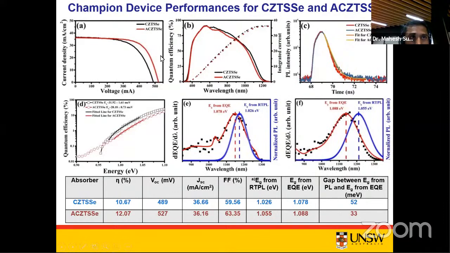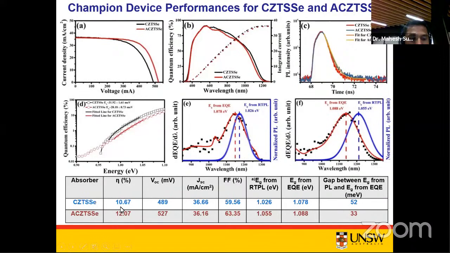Also, we optimized the thickness of the CdS buffer layer. And finally, we also optimized the annealing pressure. So all this work has been done and reported in different papers, which I have not included in this presentation because of the time limitations.